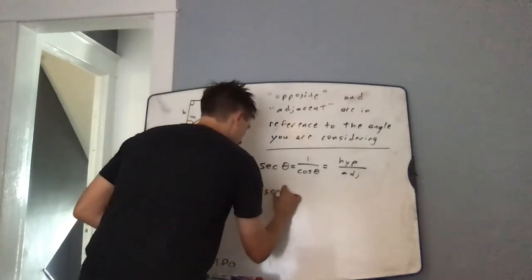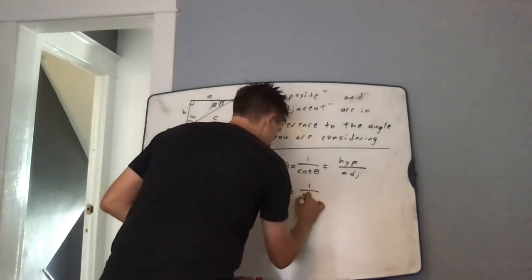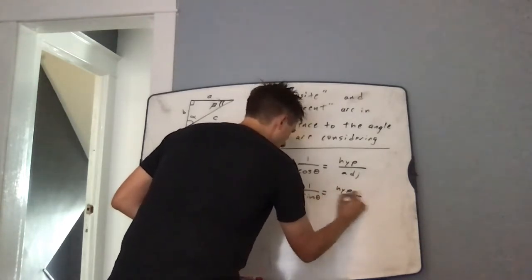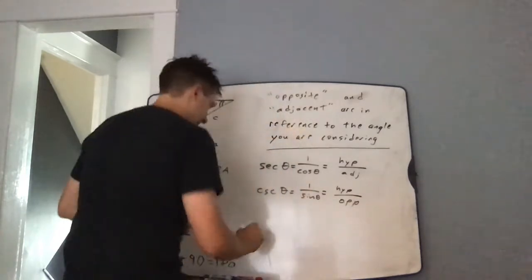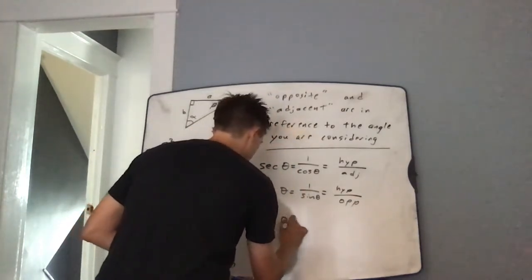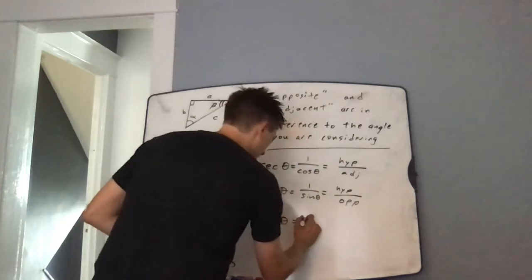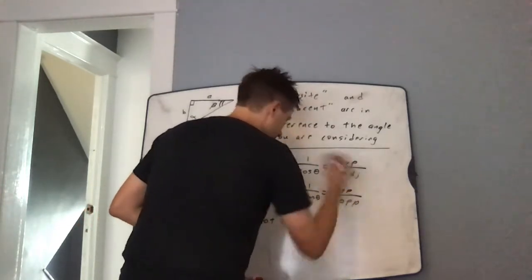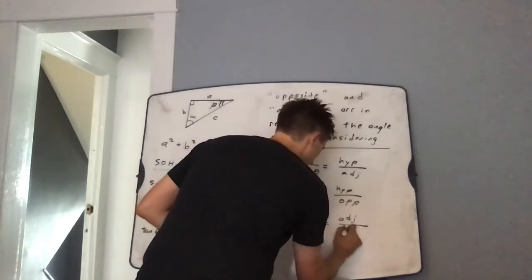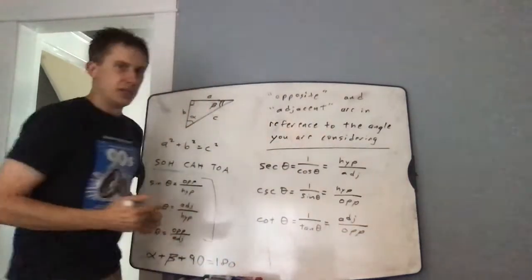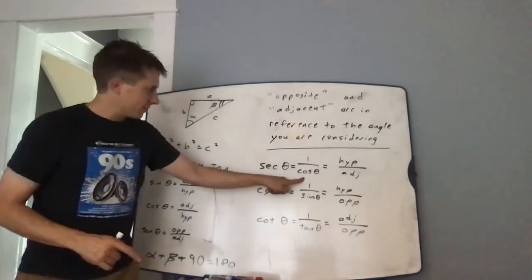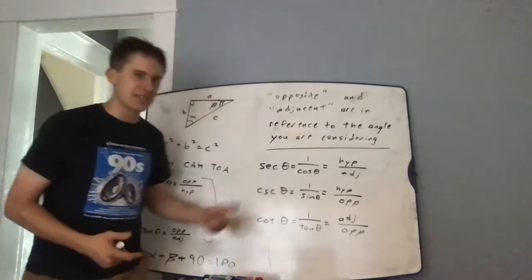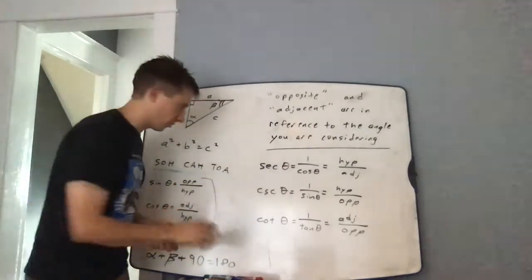Cosecant of theta is equal to 1 over sine of theta, which is hypotenuse over opposite. And cotangent of theta is 1 over tangent of theta, which is adjacent over opposite. So really, secant and cosine are related. They're just inverses of each other. Cosecant and sine are related. They're just the inversion of each other.